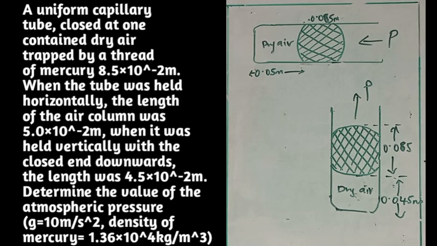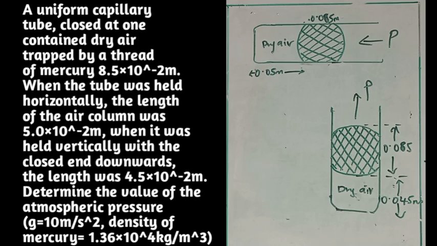When the tube was held horizontally, the length of the air column was 5 times 10 raised to power minus 2 meters. When it was held vertically with the closed end downwards, the length was 4.5 times 10 raised to power minus 2 meters. Determine the value of the atmospheric pressure.